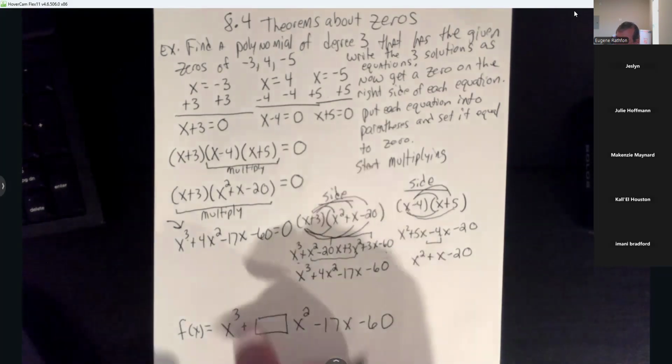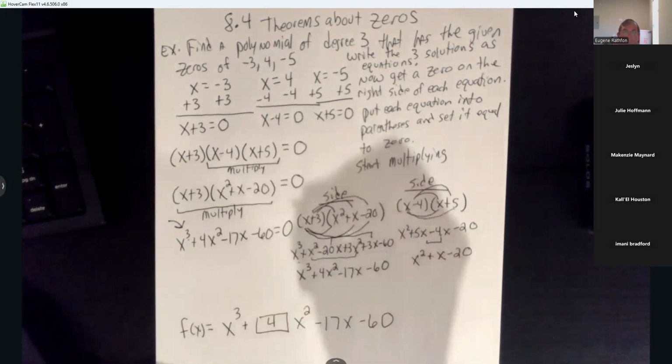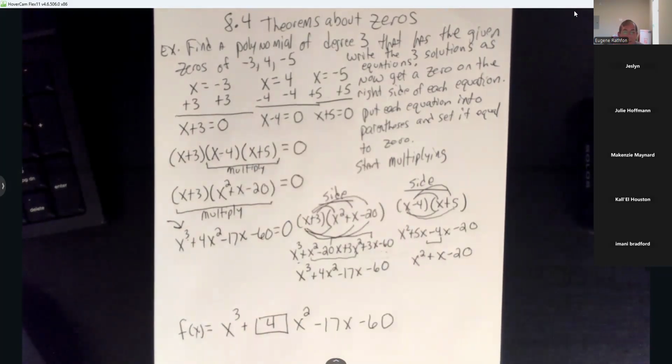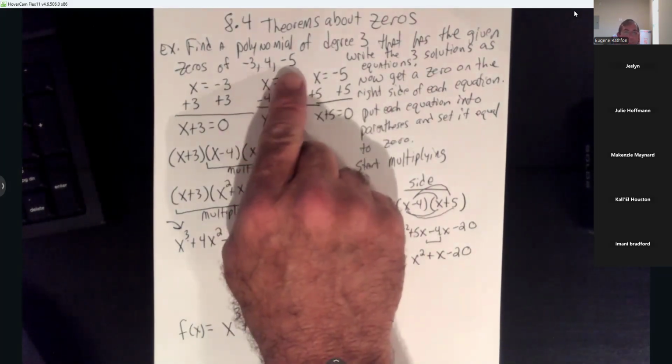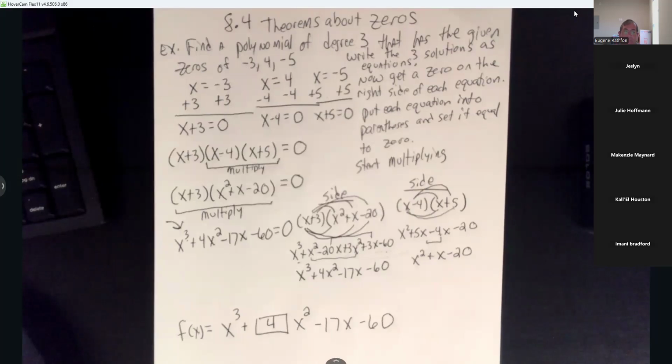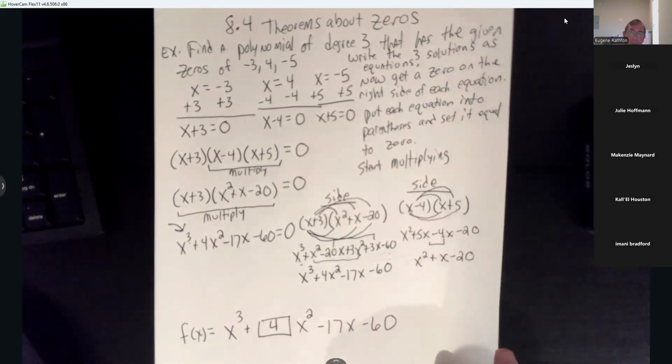Gee, what you got, a 4? Perfect, because that's what's in front of our x squared right here, 4. So we put a 4 in there. So y'all look, on some of these, they're going to give you the whole equation, and all you're doing is putting in numbers on some of them, okay? All right, now y'all look. That was foiling 3 real numbers, okay? But let me tell you, they're going to change off of these real numbers, okay?